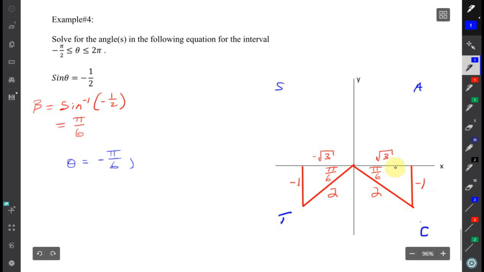Now rotating forward 2 pi, I pass this angle here. So when I come to this angle here, that's pi plus pi by 6, or 6 pi by 6 plus 1 more is 7 pi by 6.